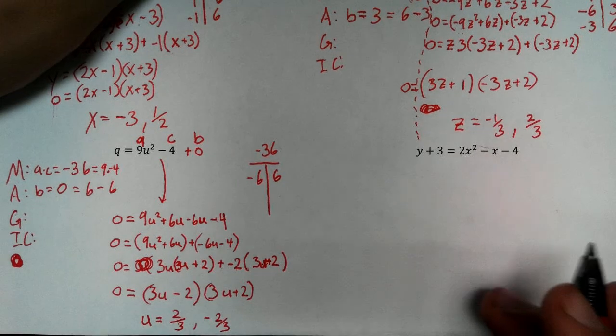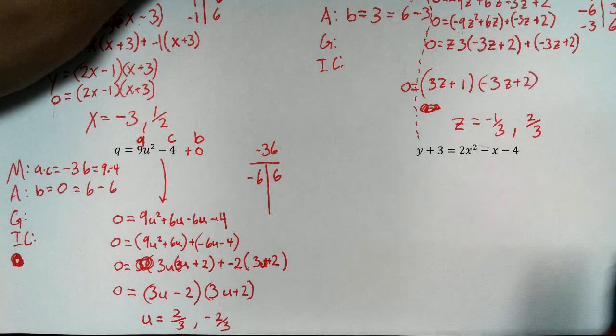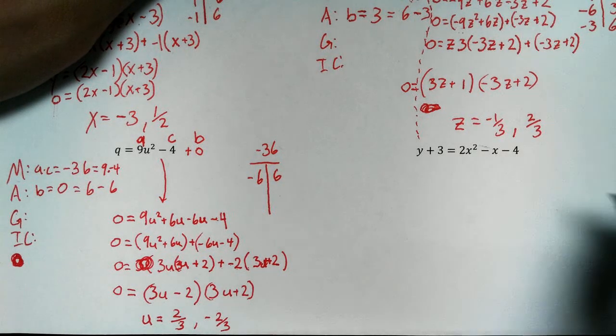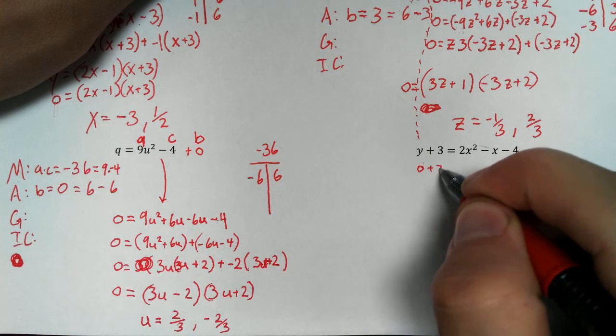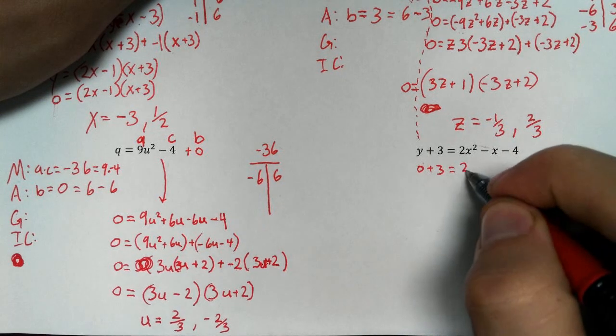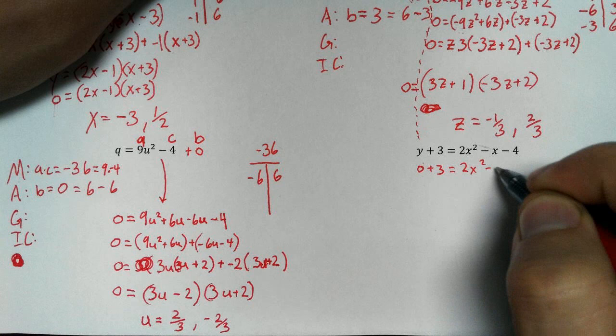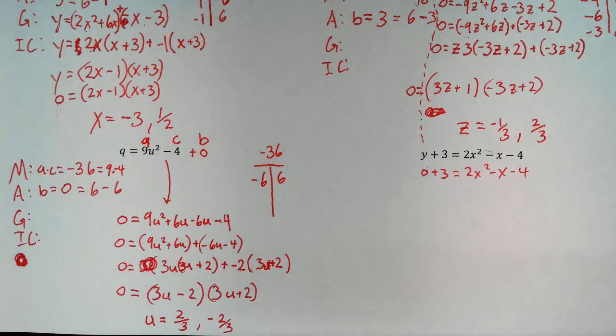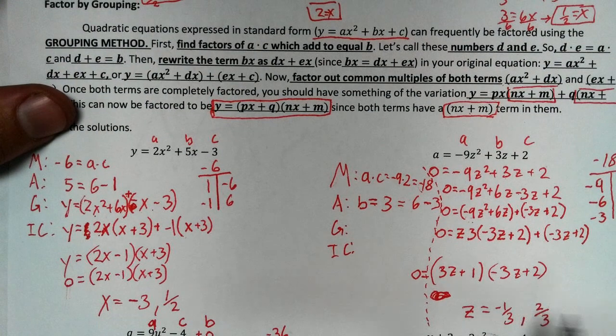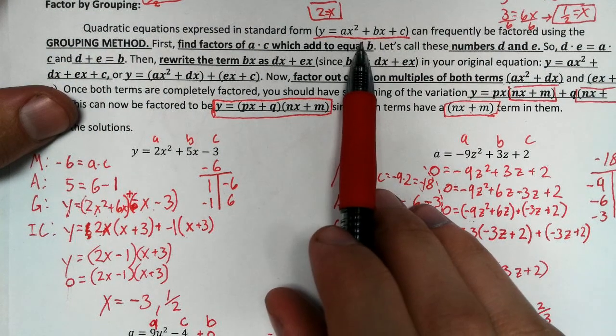So okay, remember we're solving for the solution, and the solution is when y is equal to 0. We know y is our output, so we have 0 plus 3 equals 2x squared minus x minus 4. Now, what's different about this? What is not in line about this? It's not in standard form.